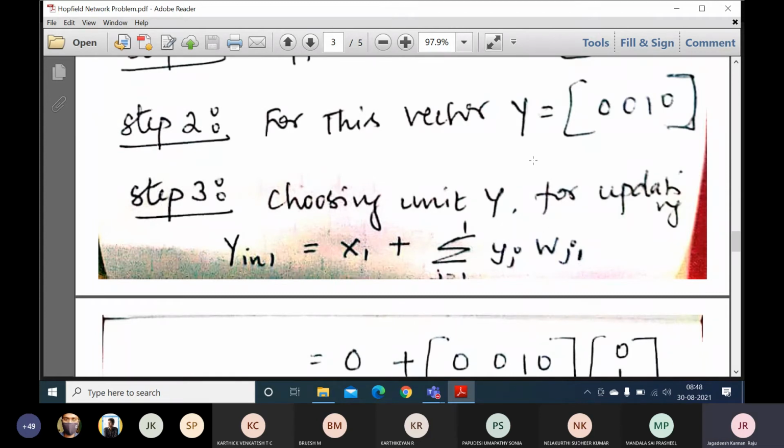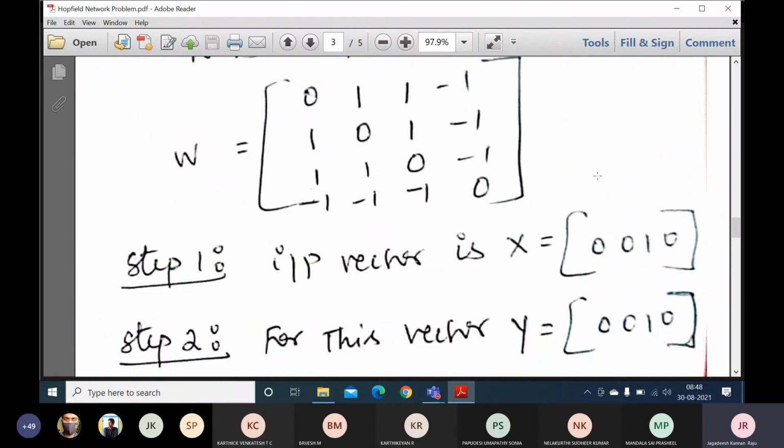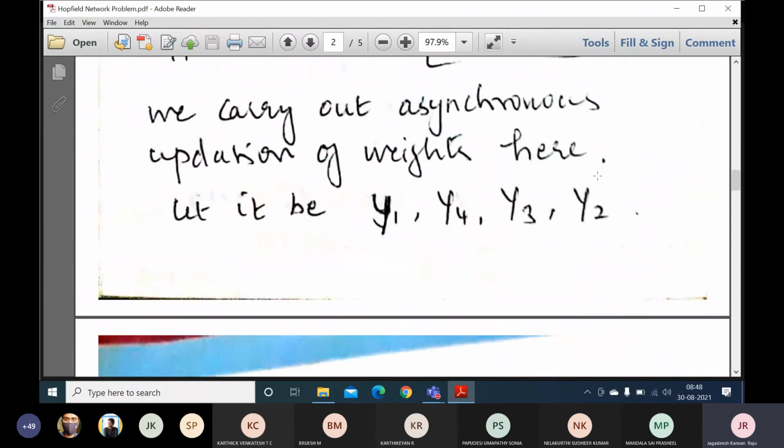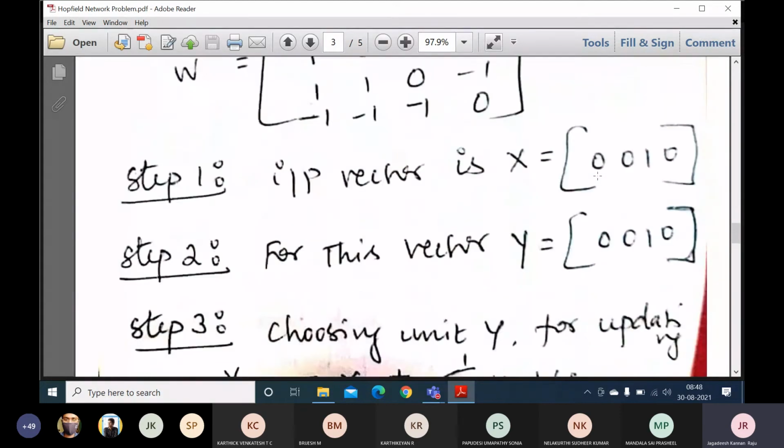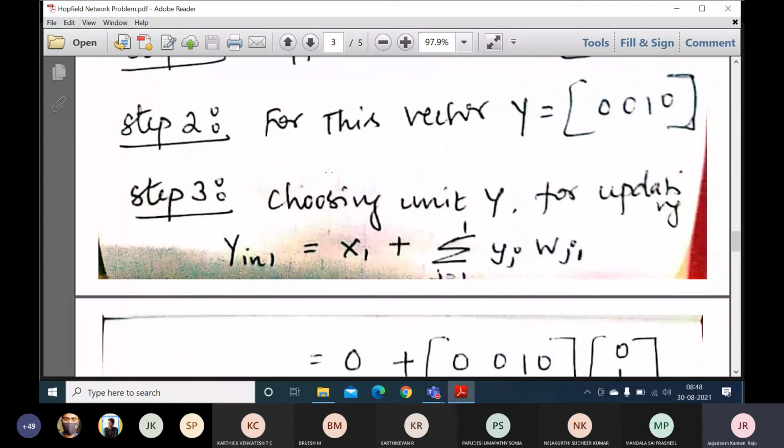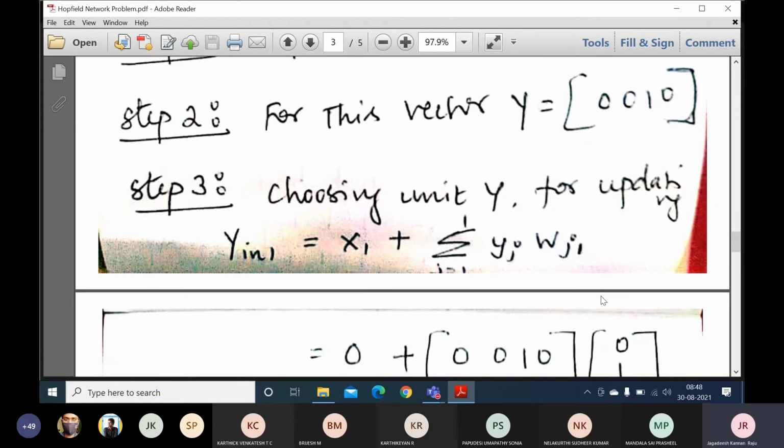And the third step, I need to choose the unit y for updating. So here I have y1, y2, y3 and y4. What is my order with respect to asynchronous updating? First I will go with y1, y4, y3 and y2. So I am first choosing y_in1, which is equal to x1 plus summation of yj into wj1.